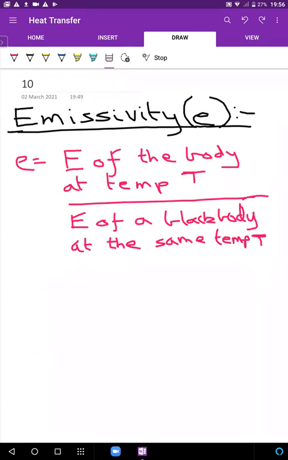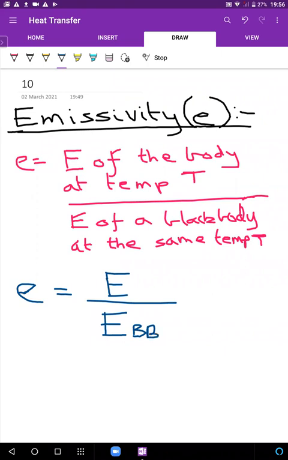So back to this, what is the definition of emissivity? It is defined as the emissive power of the body at temperature T upon the emissive power of the black body at the same temperature. And that's it. We are just going to mention the definition now, and in some time this is all going to piece together and make sense. For now, that's the definition. Now what will be the range of emissivity? How to make more sense of it, we'll understand in some time.